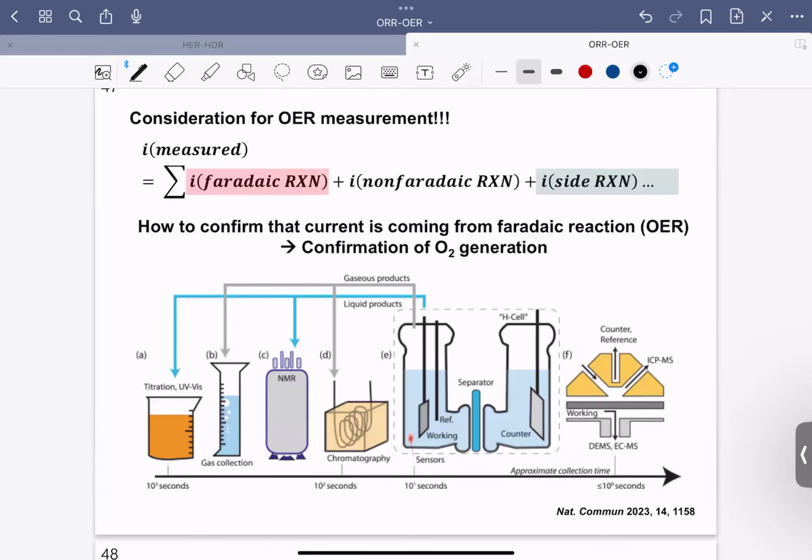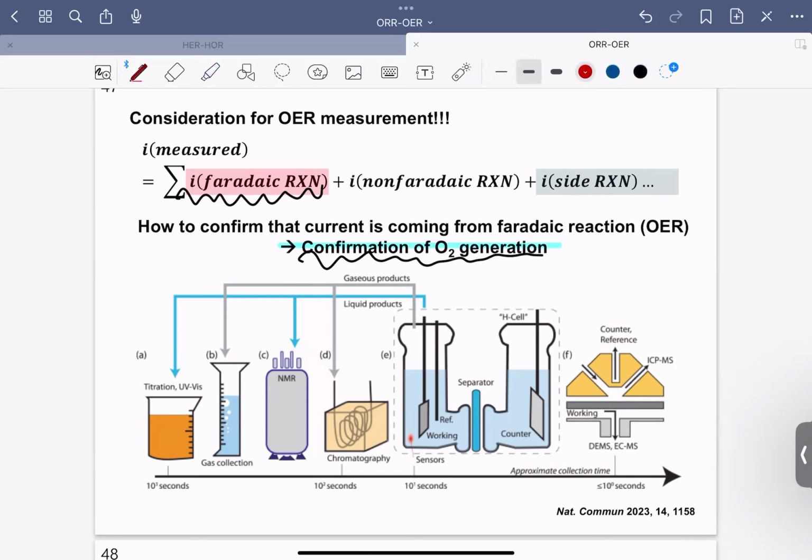So not surprisingly, if you would like to discuss the Faraday current, the most direct approach, though not easy in general, is to quantify the oxygen production during the reaction condition. So the easiest and most direct method is confirming the oxygen concentration during the reaction condition.